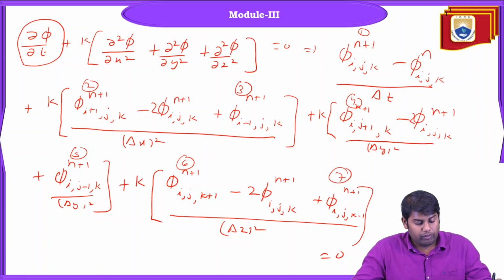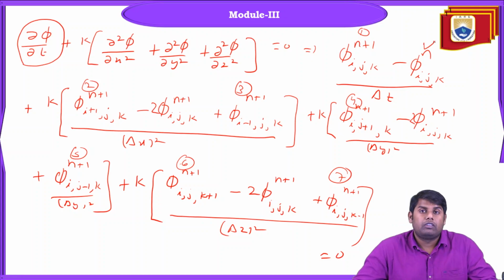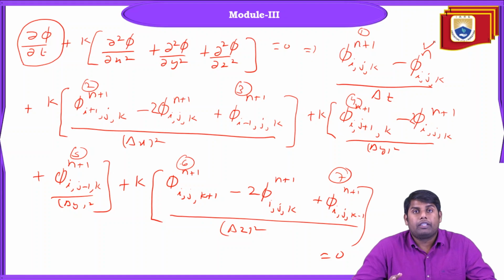Totally we have 7 unknowns. Here only 1 unknown. So you can see how complex it is.